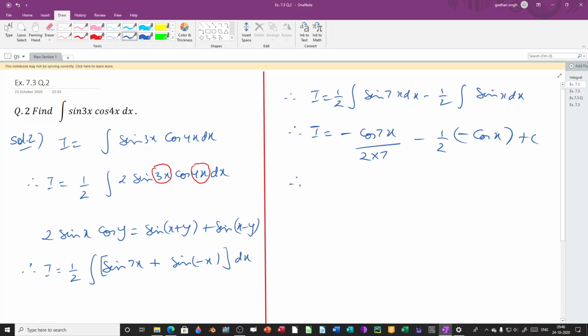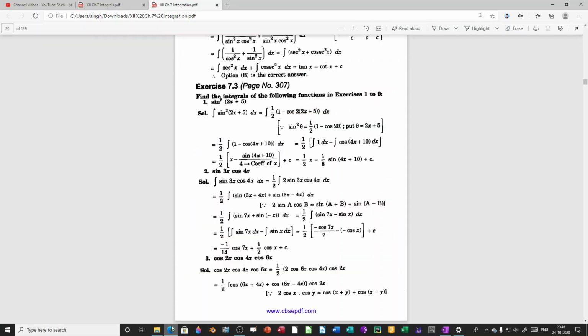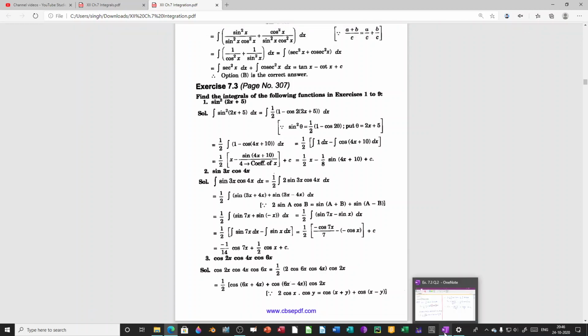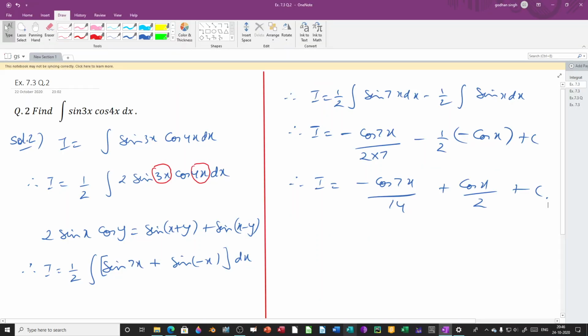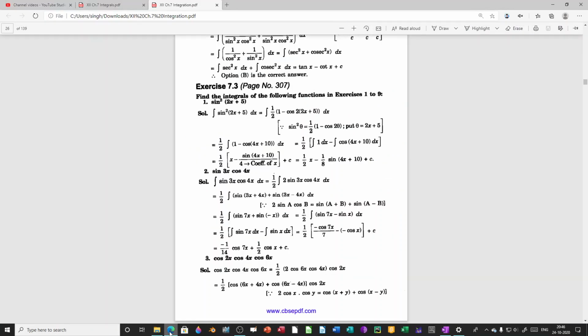So this gives us I equal to minus cos 7x over 14, and this minus minus becomes plus cos x over 2 plus c. So this is the answer of question number 2.